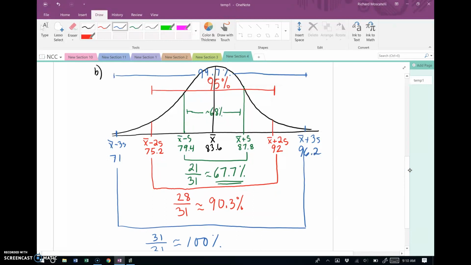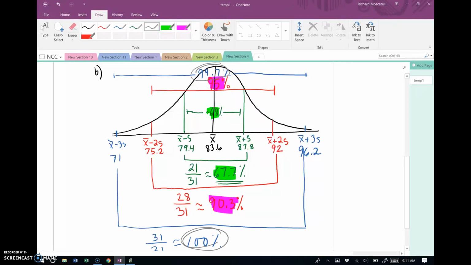So as you can see, if you think about it, how does this number right here compare to the empirical percentage of 68%? They're extremely close, right? How does the 90.3 compare to the 95%? It's not extremely close, but it's very close. And then, of course, finally, how does this 100% compare to the 99.7%?